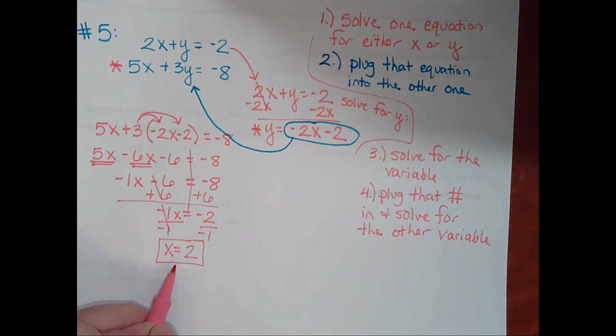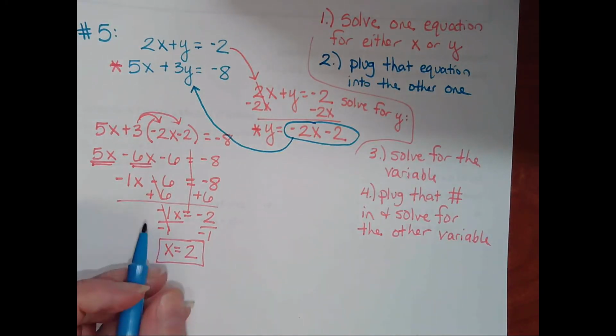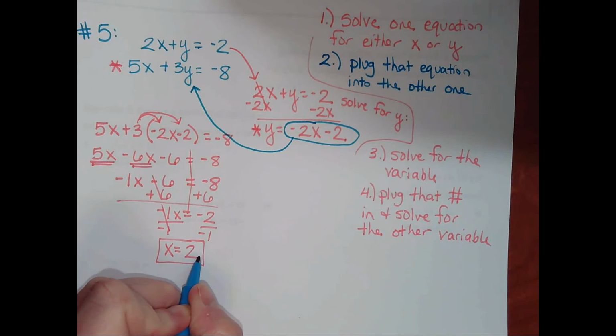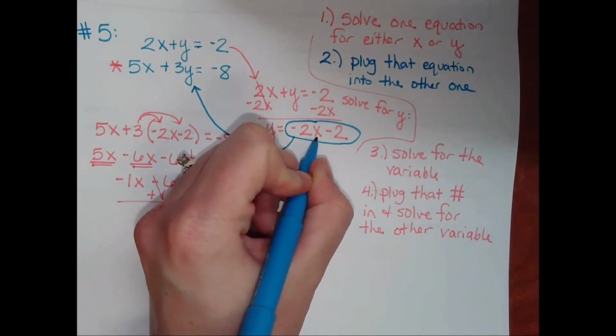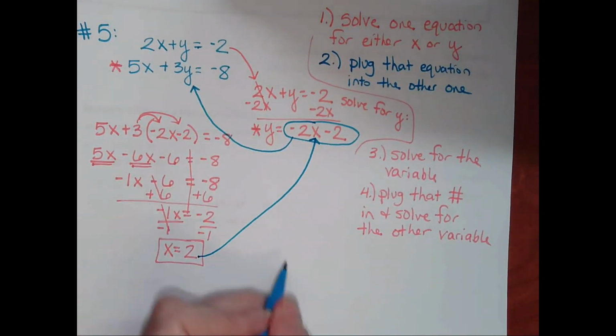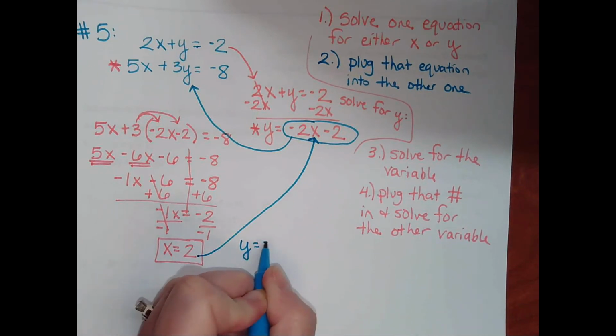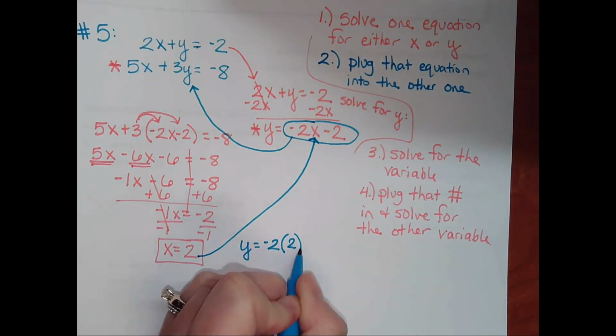So we had x equals 2. I'm going to take that 2, and I know this is confusing, guys, so just bear with me. Now we're going to take that 2 and plug it in right there. So we have y equals -2 times 2 minus 2.